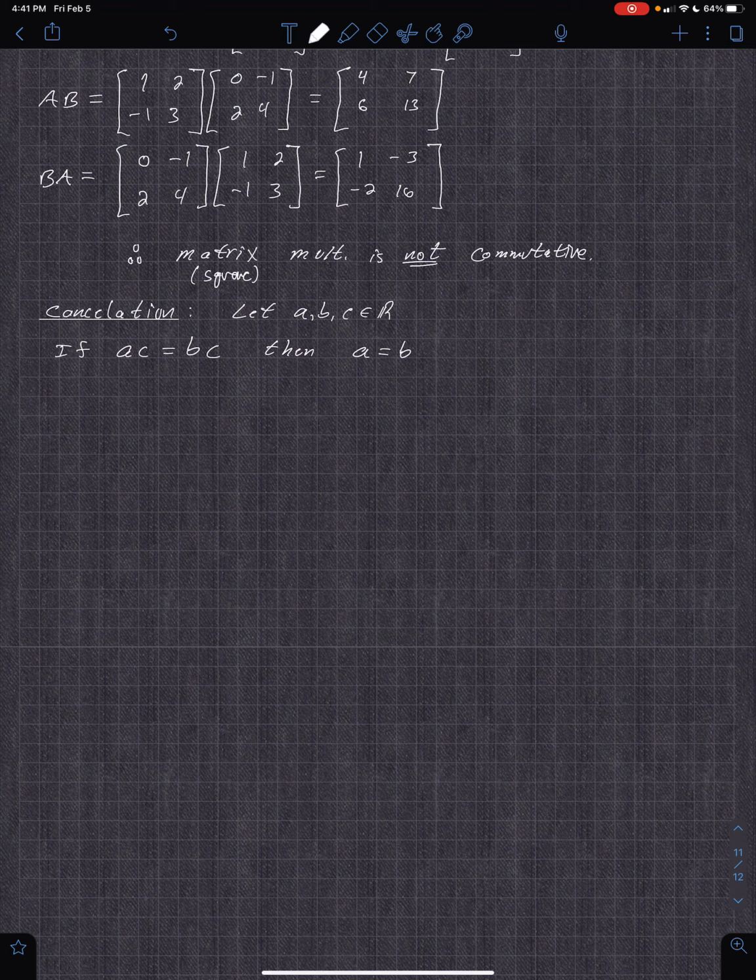So the question is this: let's be a little more careful. We're not just in college algebra anymore, or Cap 1. So now let capital A, B, and C be matrices.